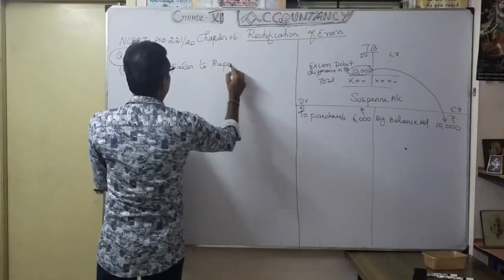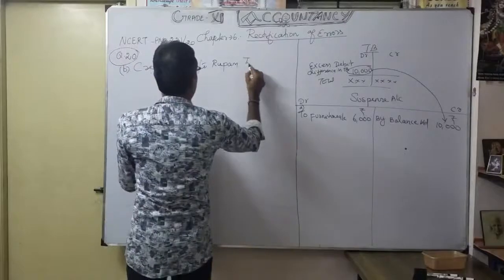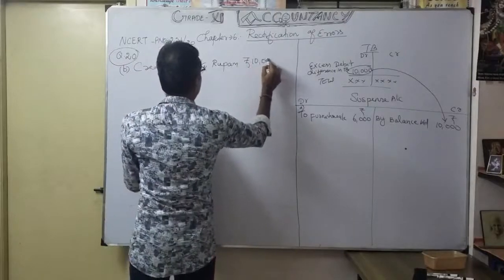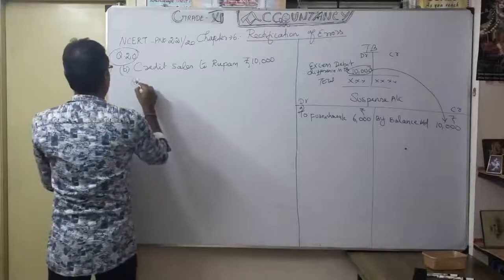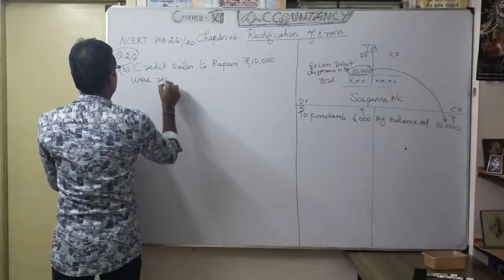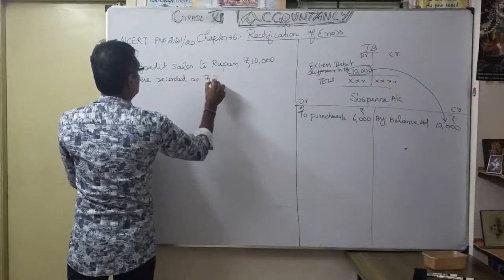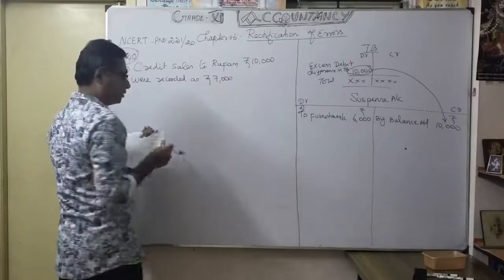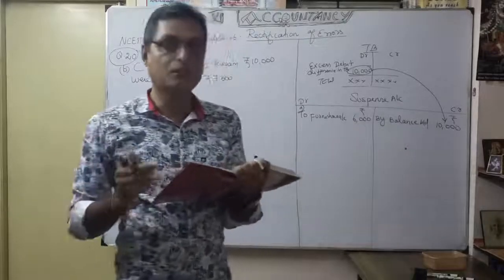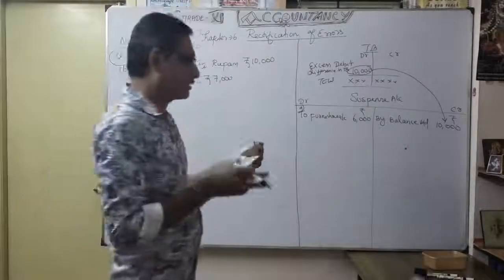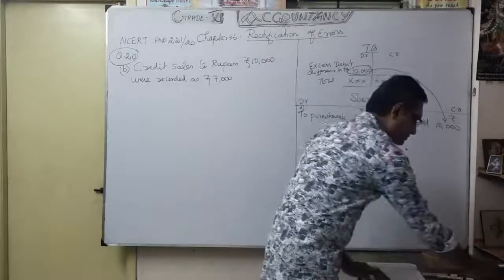Credit sales to Reuben, how much did we do? 10,000, were recorded as how much? Only 7,000. Understood? The error: we made credit sales to Reuben of 10,000, but recorded only 7,000. Now let's see how we are going to do that.